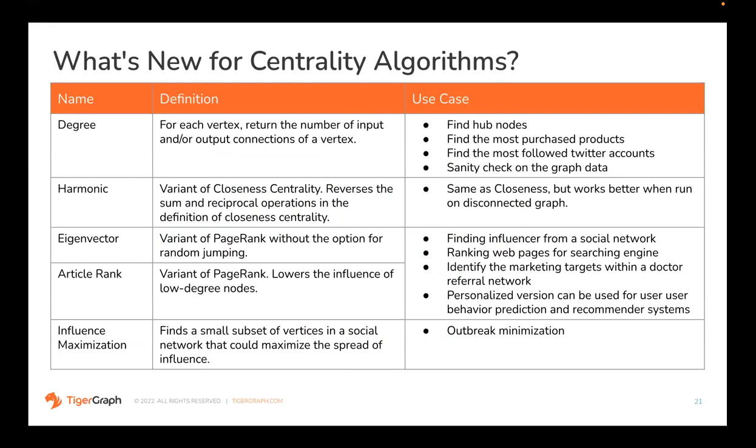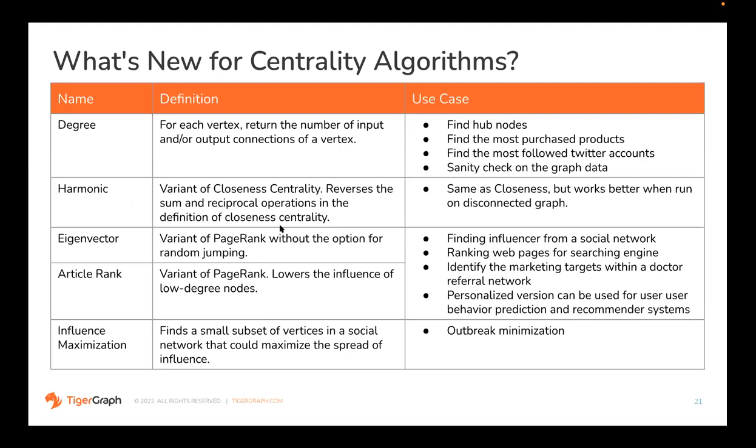In graph theory, the degree of a vertex is the count of how many connections, or how many edges, it has. And you can separate between inward and outward connections if you want, or you can lump them together.